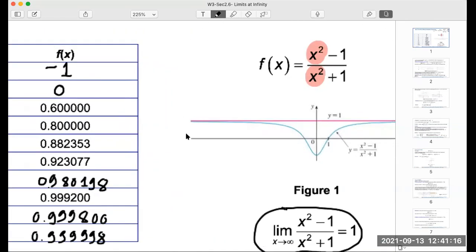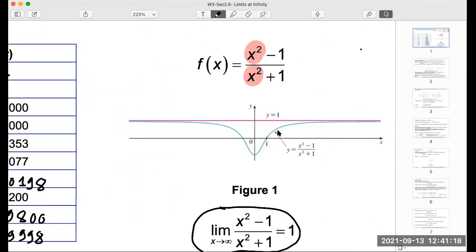The green line here is the graph of this function. And the horizontal line y equal to 1, the red line here, is the limit when x approaches infinity or negative infinity. So when x becomes very large, f of x will come closer and closer to this value. So we call it the limit at infinity.